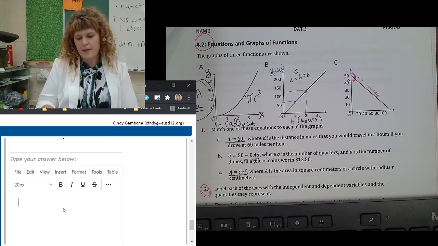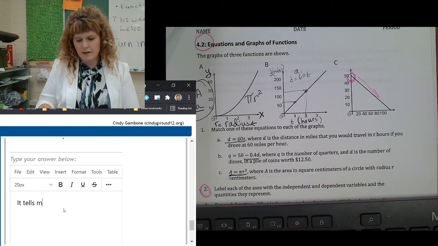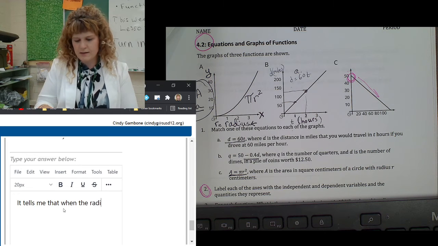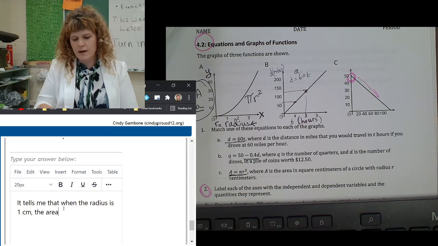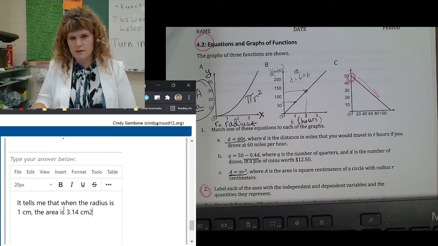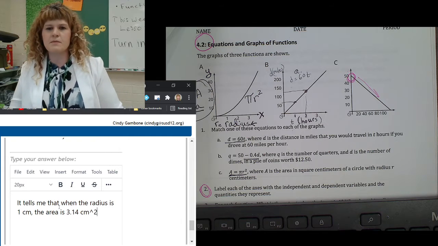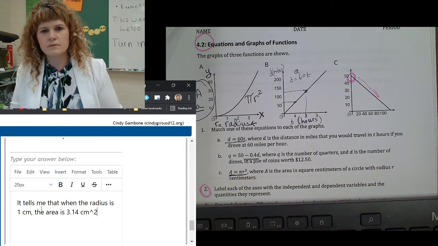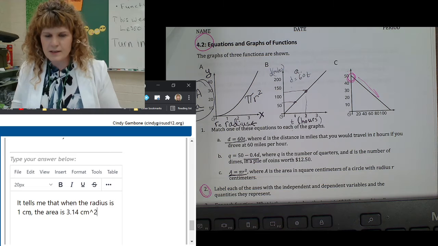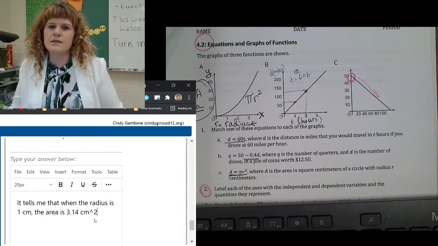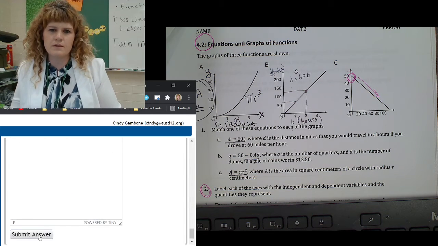It tells me that when the radius is 1 centimeter, the area is 3.14 centimeters squared. You can use this caret for to the power of 2 centimeters squared. So that's what it tells me. When the radius is 1 centimeter, the area is 3.14 centimeters squared.